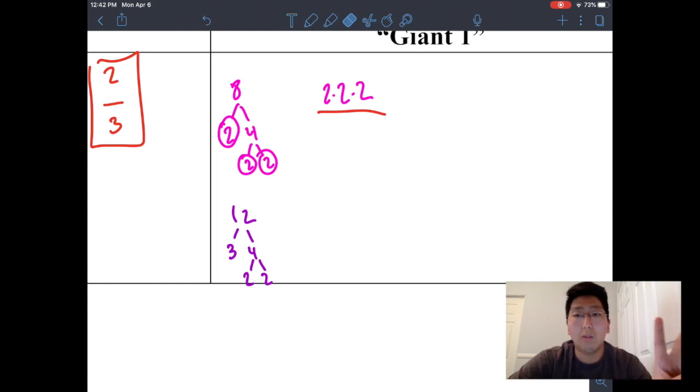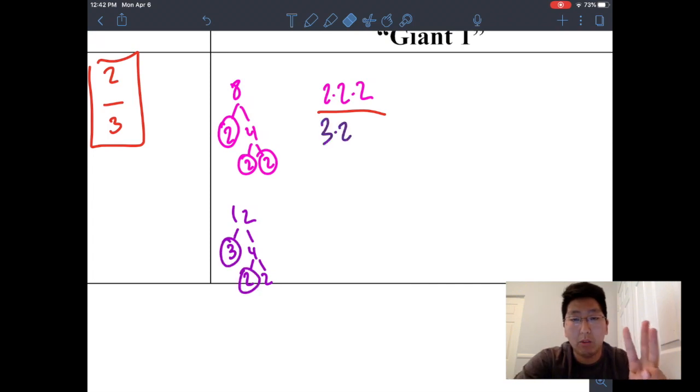If you think about it, 2 times 2 is 4, 4 times 2 is 8. And at the bottom, we're going to have 3 times 2 times 2. Those are the 3 factors that we got right here. 3 times 2 is 6, 6 times 2 is 12. So 3 times 2 times 2.